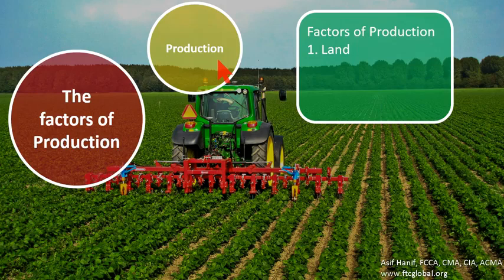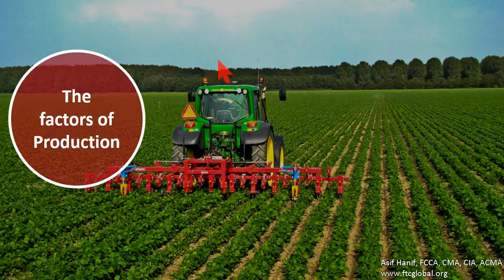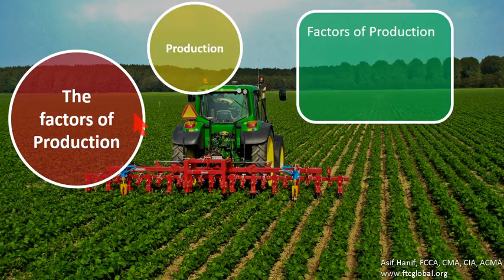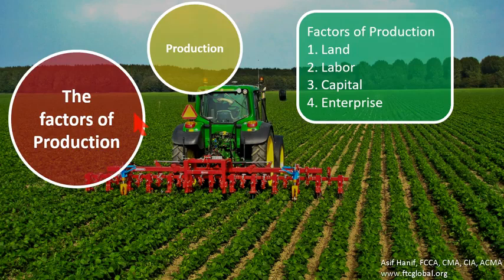Factors of production are productive resources used to produce goods and services. They can be categorized into land, labor, capital and enterprise. So factors of production can be grouped into 4 categories. Let us discuss them one by one.